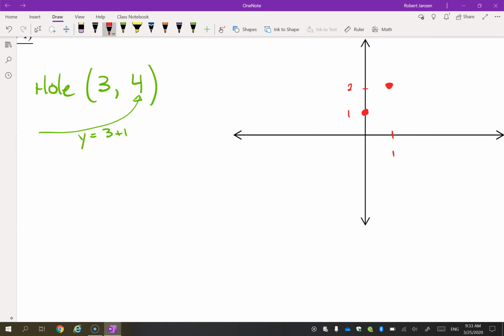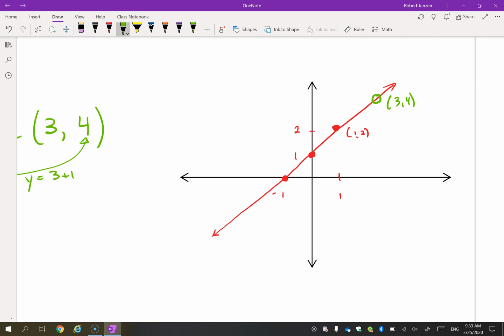So this is the point (1, 2). And if you went backwards, you would end up here at -1. So we can draw this line, but there is a hole right here at (3, 4). In other words, the graph doesn't exist there. It's a straight line with a hole in it.